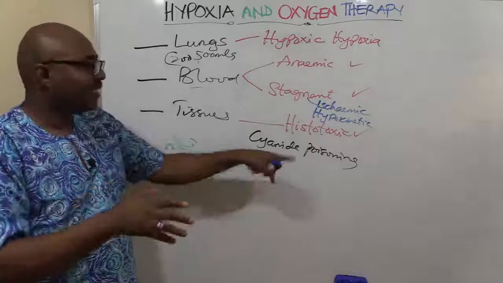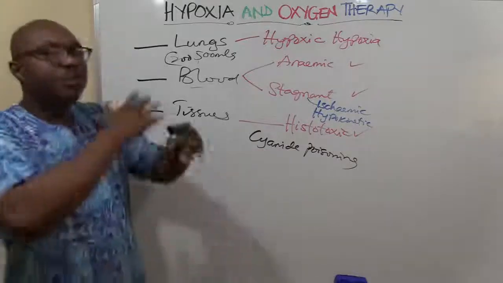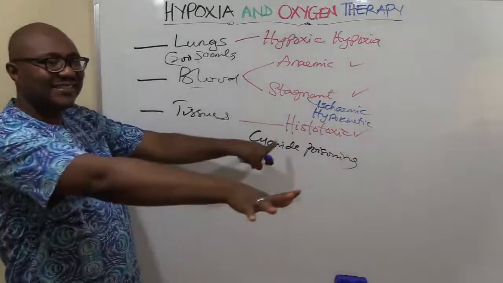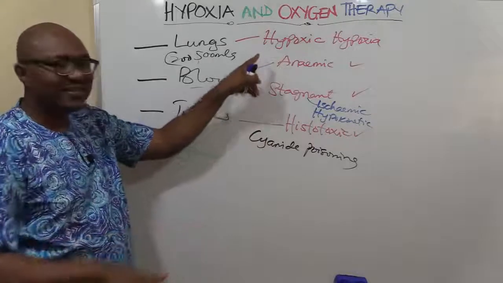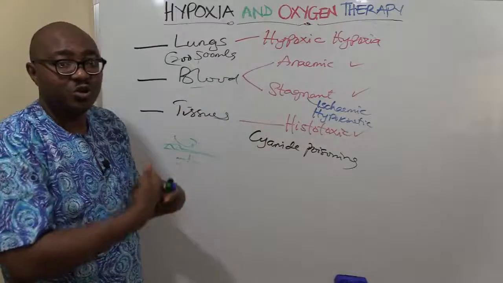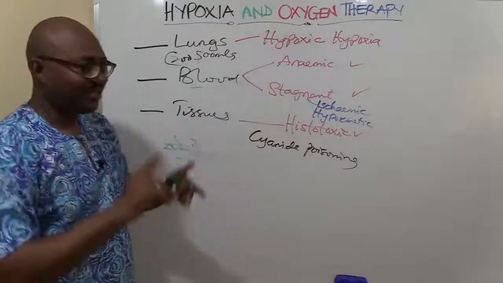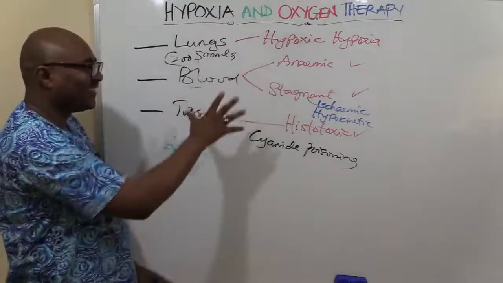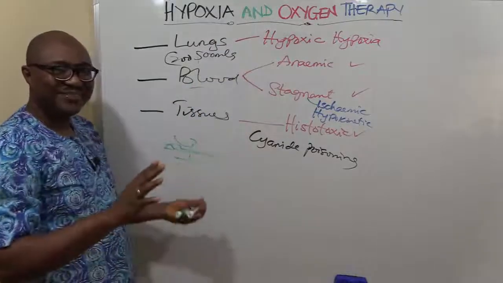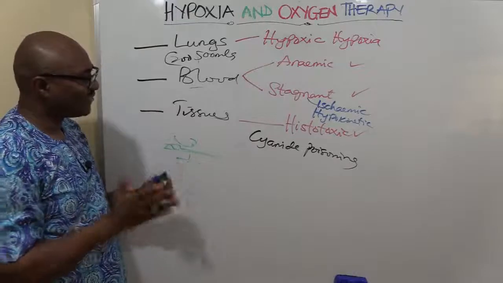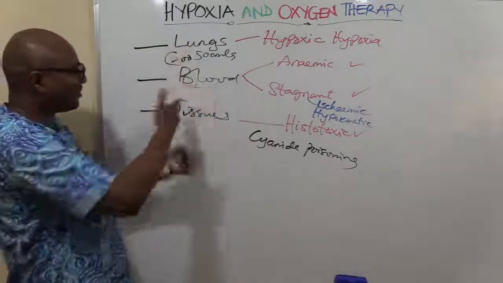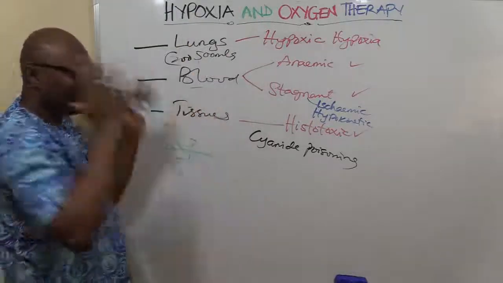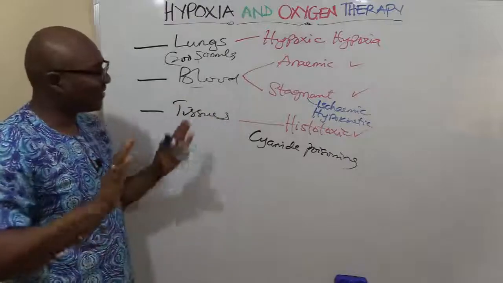The body has enough oxygen, but it cannot use it. There's hypoxia, a deficiency of utilization of oxygen at the tissue level. So you see the four different types of hypoxia. Very, very easy stuff. Very straightforward. Once you understand what's happening at the lungs, blood, and tissue, it's very easy to understand. Just remember it like this.